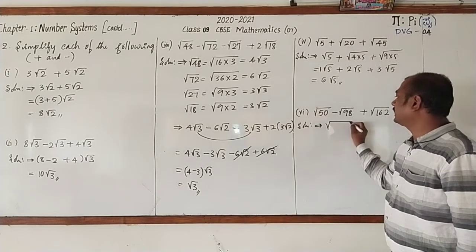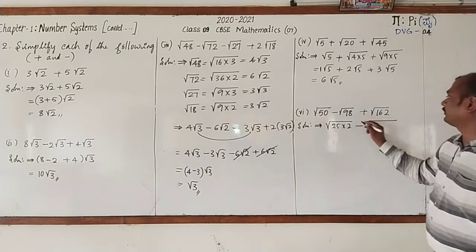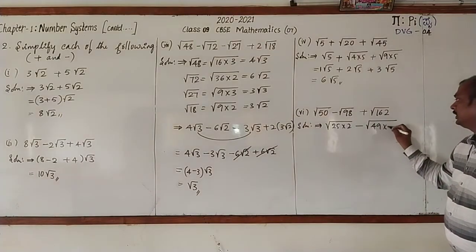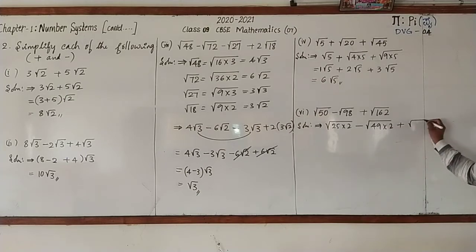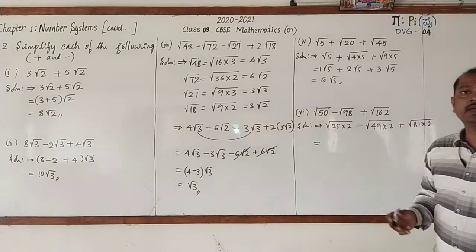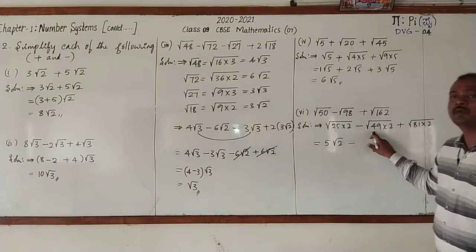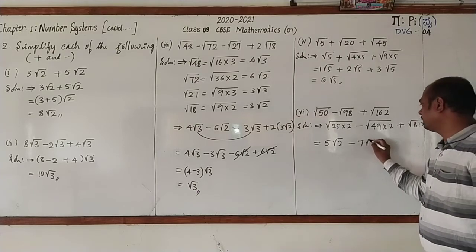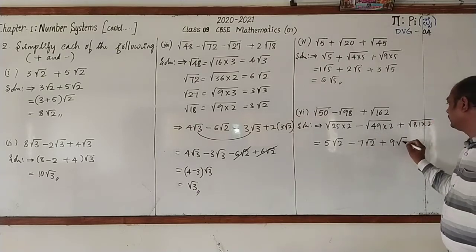Square root of 50 can be written as 25 2s, square root of 98 as 49 2s, square root of 162 as 81 2s. Square root of 25 is 5 into root 2, square root of 49 is 7 root 2, square root of 81 is 9 root 2.